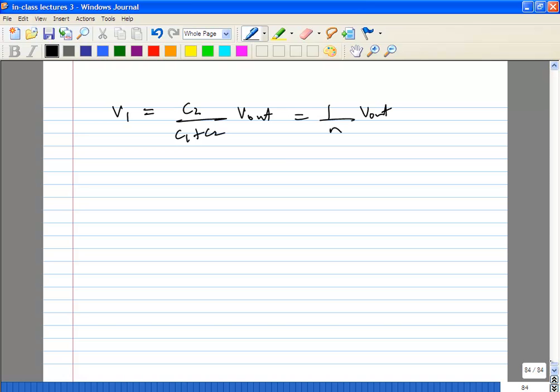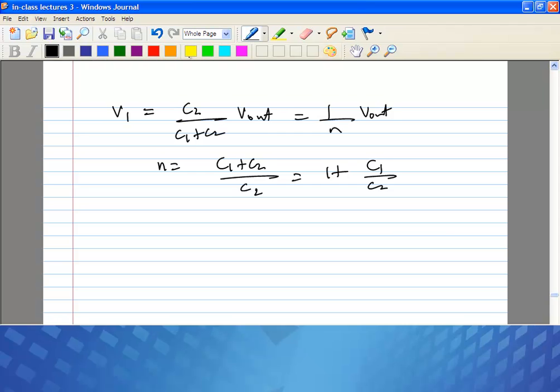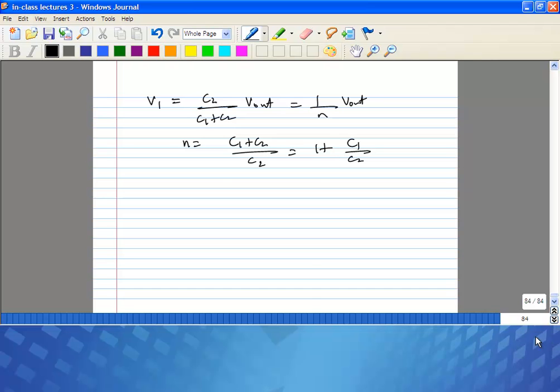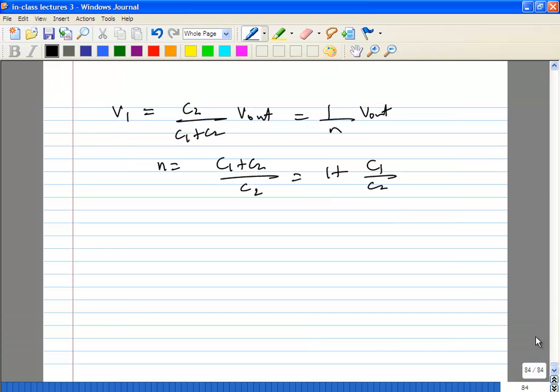The voltage which is fed back is 1 over n times V out, right? We saw that last week. This is your equivalent turns ratio. So effectively you can think of it like this. Assuming that there is no loading, that the turns ratio is very large, you can think of the equivalent circuit something like this.